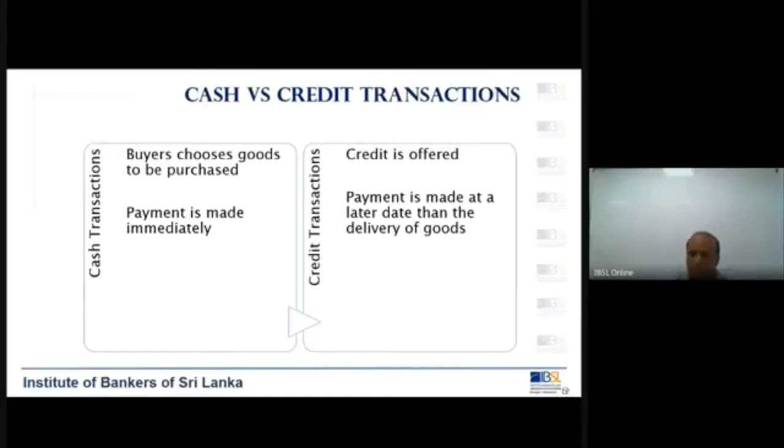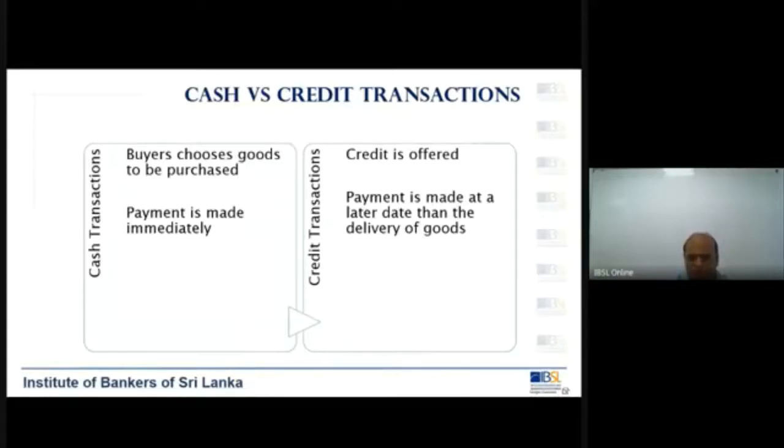Now, there are certain businesses where they don't permit credit. So if they permit it, you can enter into a transaction where you purchase the good or obtain the service and pay for it later. Now, this payment later may not be to the person who is selling the product or offering the service. It may be to a third party. Now, when you enter into a credit transaction, there are two types.